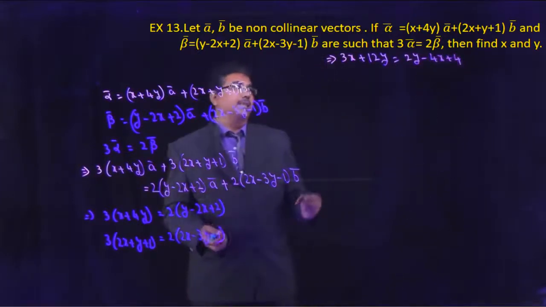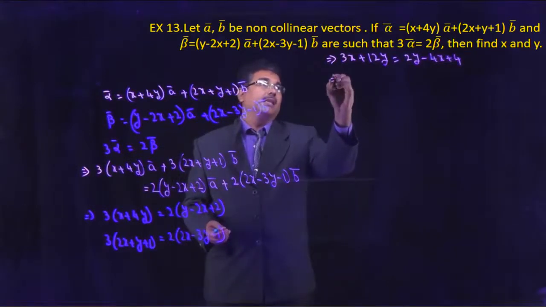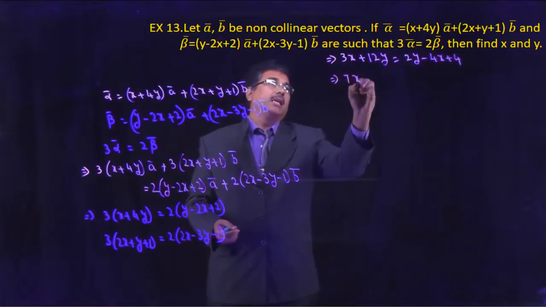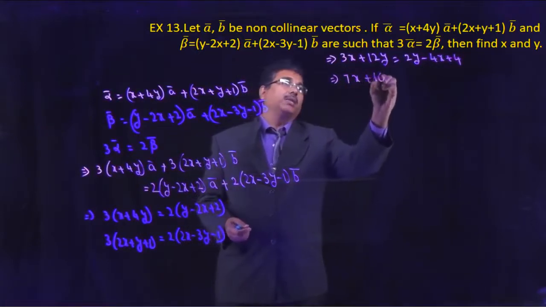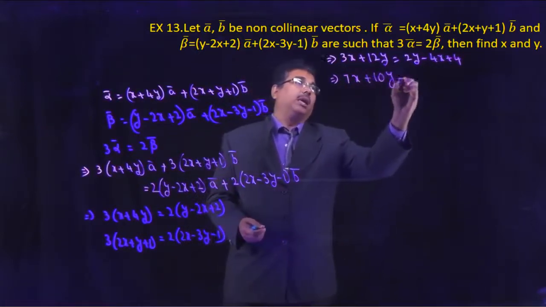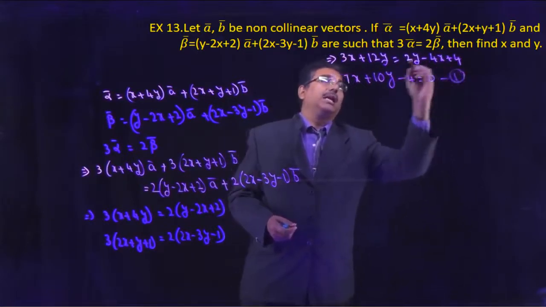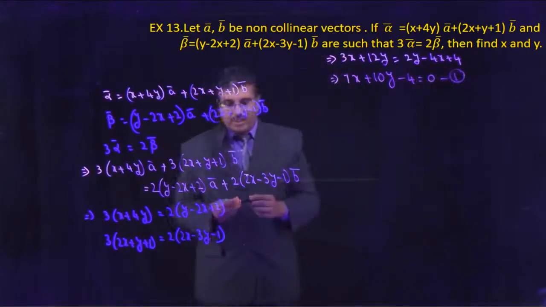That implies 3x plus 4x, 7x, plus 12y minus 2y, 10y, minus 4 is equal to 0. Let it be equation 1.